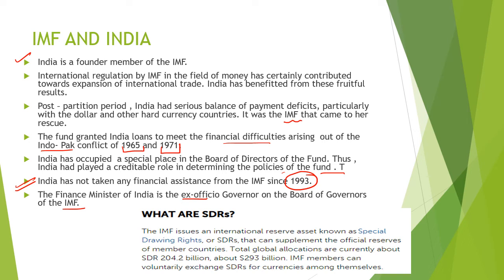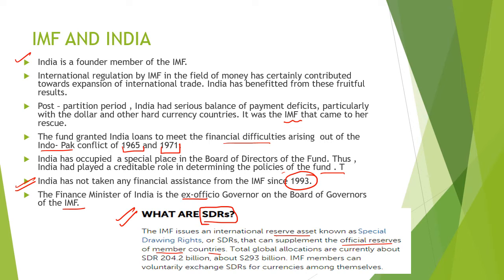Now, there is one specific thing that I need to mention. That is why I pasted over here what SDRs are. We know that SDRs are published by the IMF, and I will make a separate video talking about SDRs. The IMF issues an international reserve asset known as special drawing rights, or SDRs, that can supplement the official reserves of member countries.